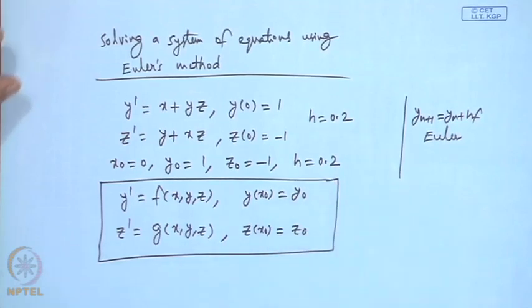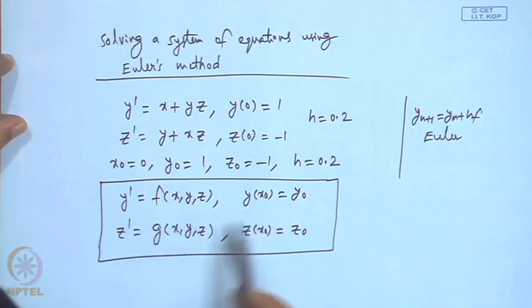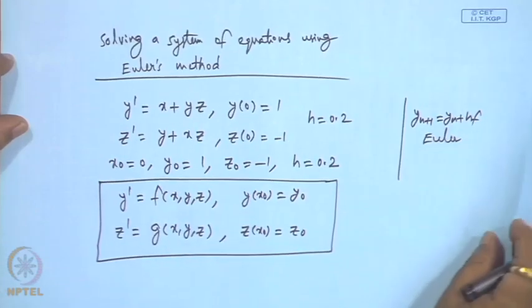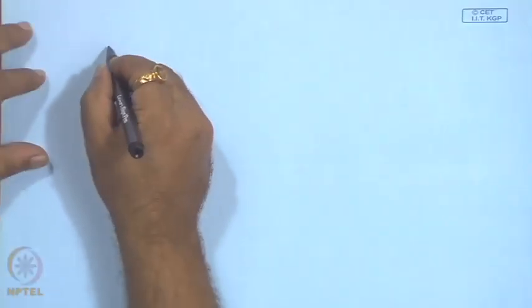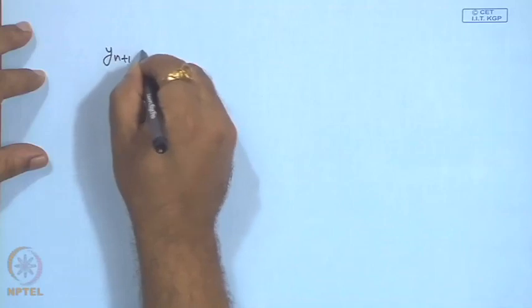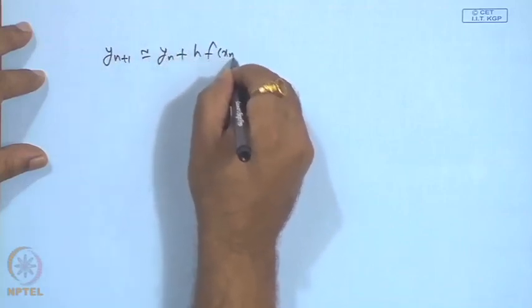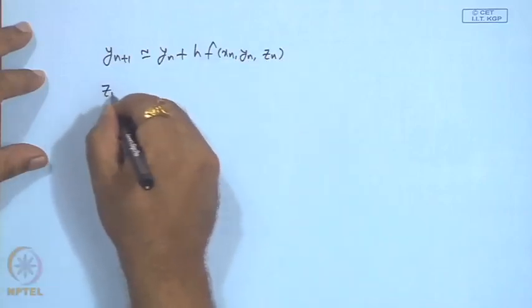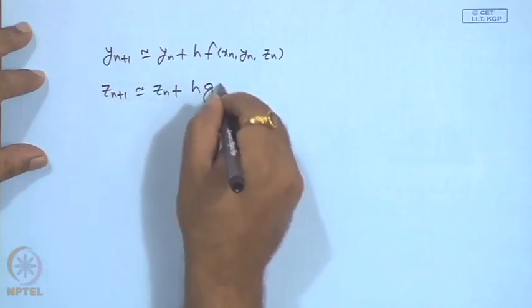So, this is a general system, and we know f and g. Now for this we have to define the Euler method. So, we define y n plus h f, and for z, z n plus h g.